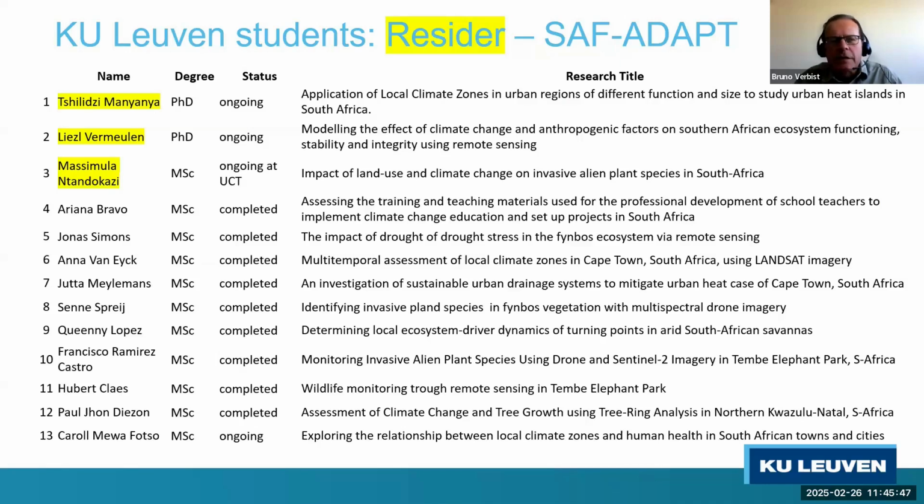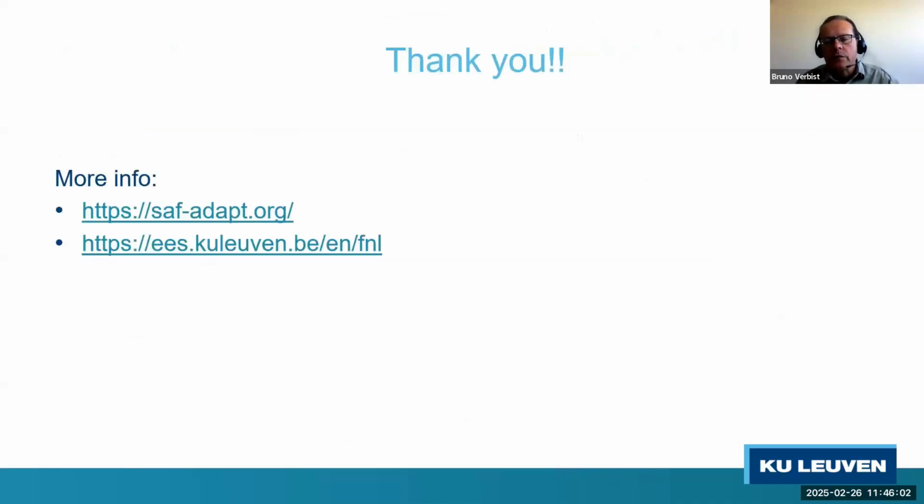I think some of them are attending this session, all tackling different topics where research and capacity building are required, problems that South Africa is trying to solve in the coming years. You can find more information on those 2 websites, both the SAF-ADAPT website and of course the KU Leuven website. And with that, I would like to conclude.